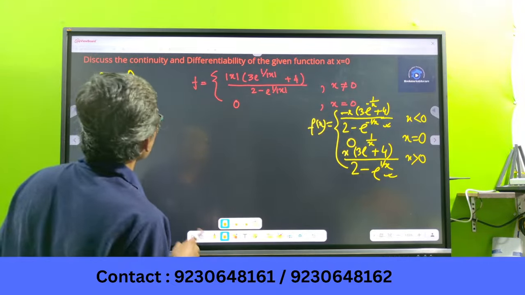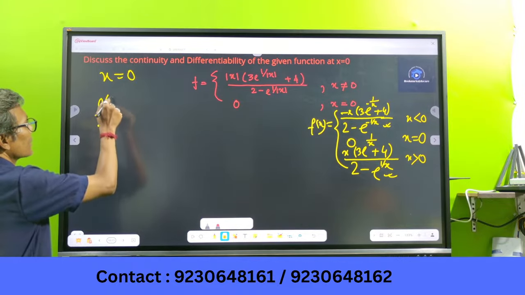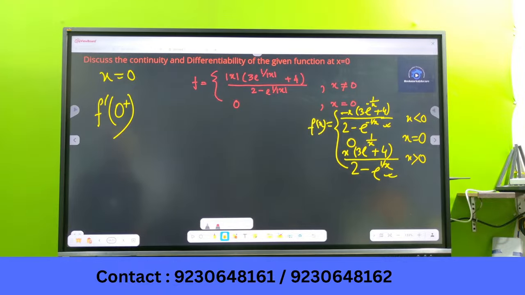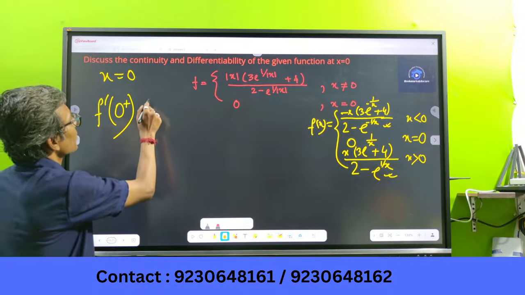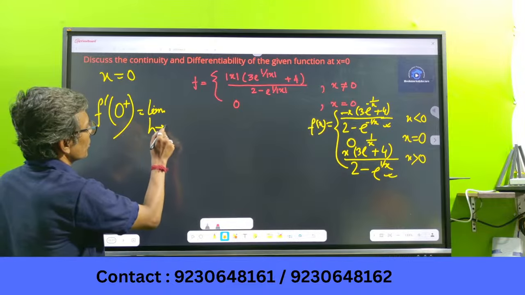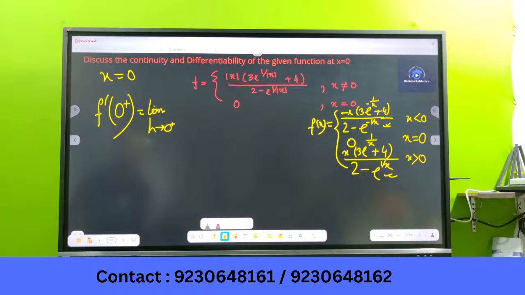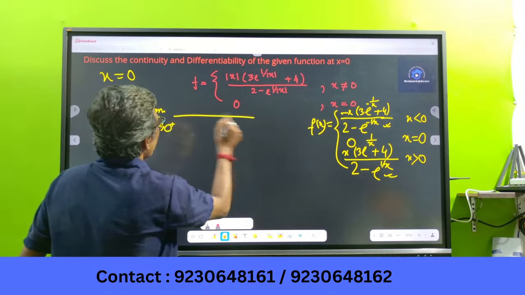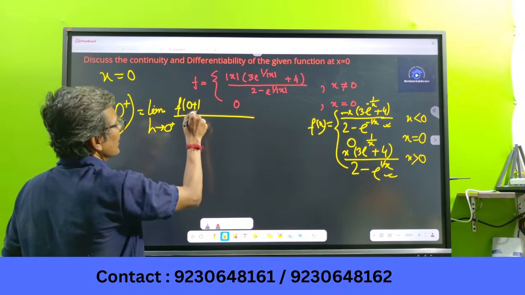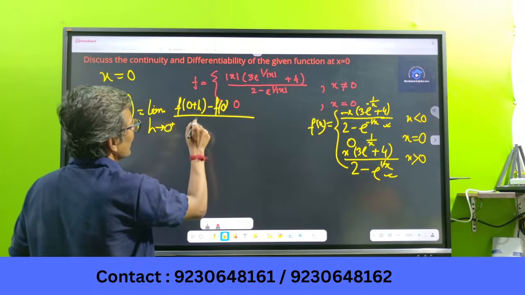So f dash 0 plus is equal to limit h tends to 0 plus f of 0 plus h minus f of 0 by h.